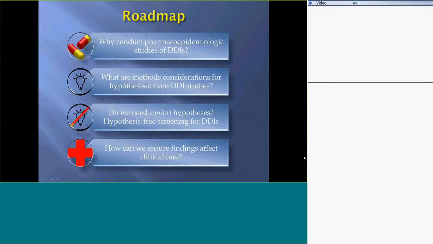I'll then talk about methods considerations for hypothesis-driven DDI studies, then talk about whether or not we need a priori hypotheses and can we develop and employ hypothesis-free screening approaches to examine DDIs. And then finally, I'll leave you with a little teaser of how we can ensure our findings affect clinical care. And that's really meant to be a segue into the final session of our webinar, which is next week.